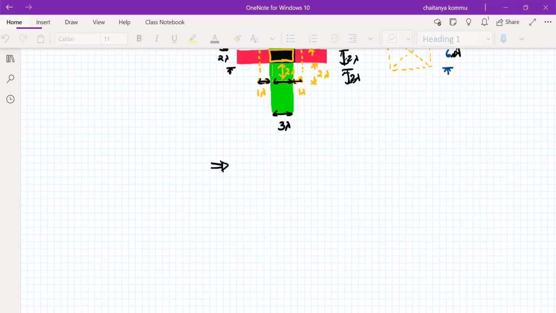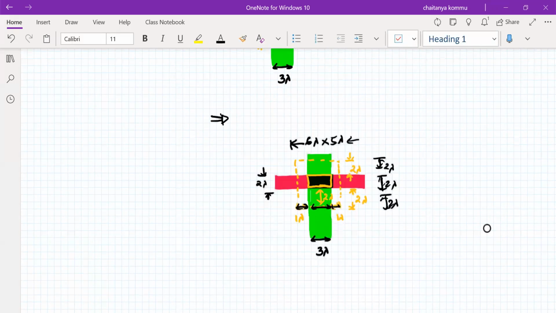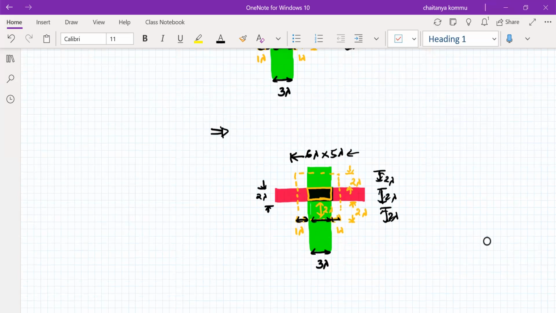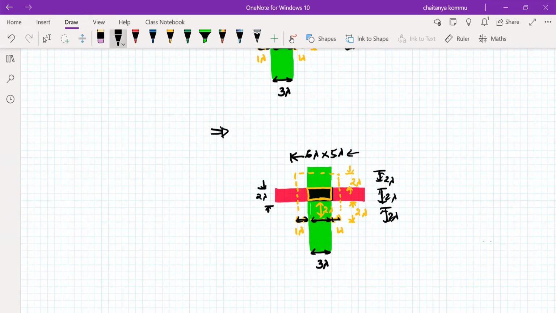Towards the polysilicon side, we have to maintain 1 lambda. On the diffusion side, we can take any value. We should not follow it that way. What we have to follow is that the overlap region is 6 lambda by 4 lambda dimensions.